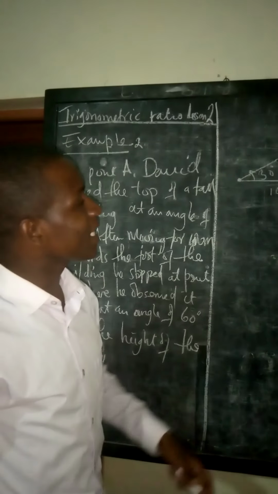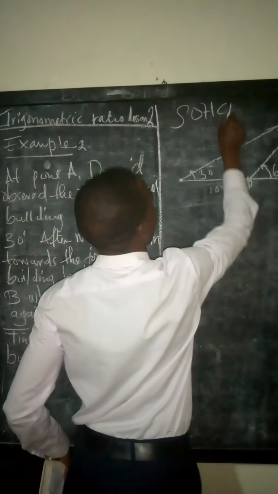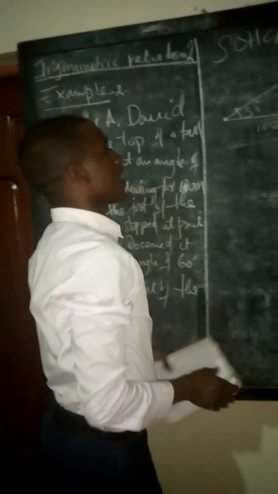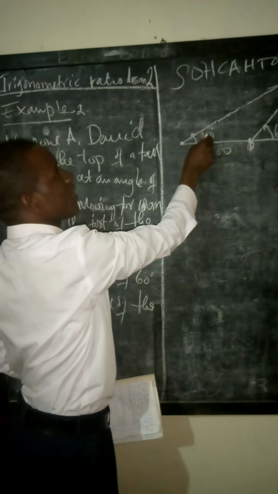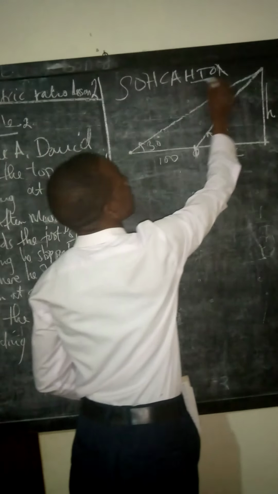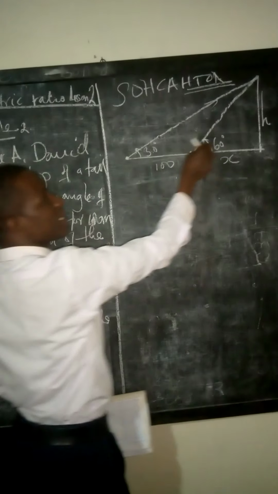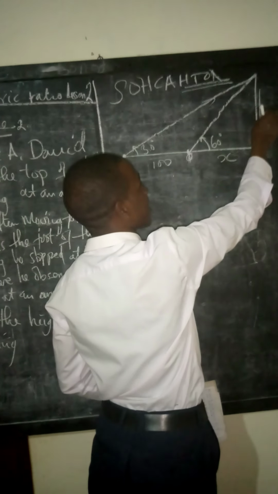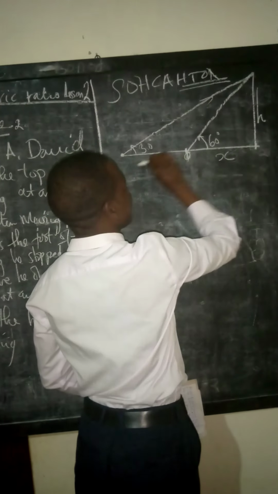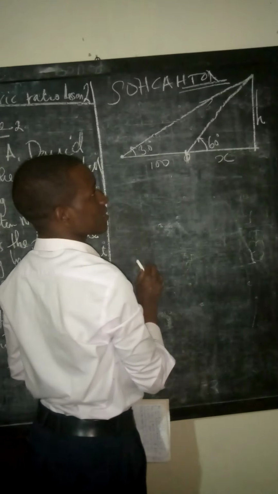Using the trigonometric ratio, using tan, we can find that tan 30 degrees is equal to opposite over adjacent. The opposite is h, and the adjacent is 100 plus x.